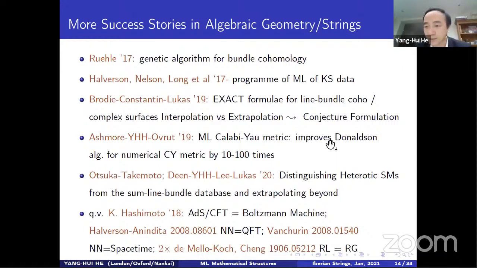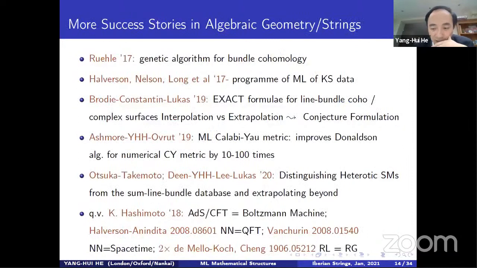I think this is a wonderful idea. Hashimoto, for example, rewrote the AdS/CFT dictionary in terms of a neural network, a Boltzmann machine, where you can produce the bulk geometry by studying the boundary information.